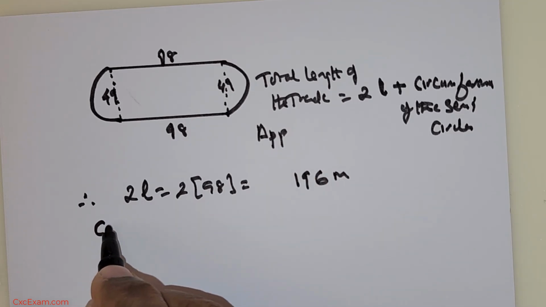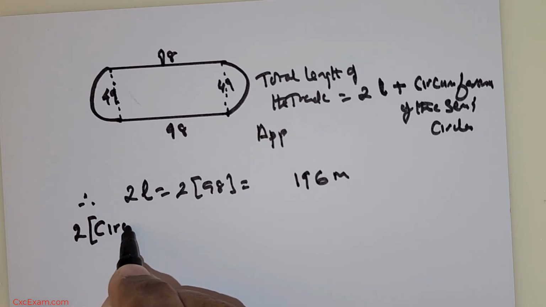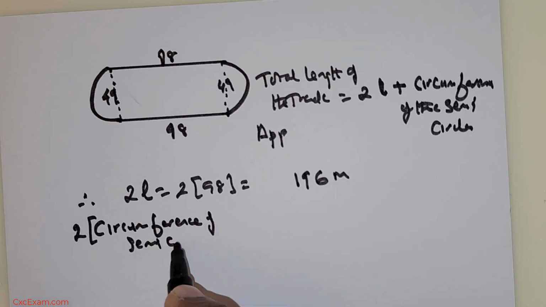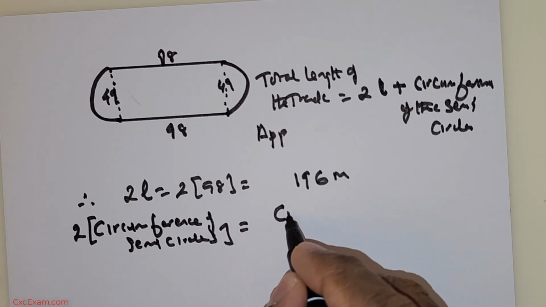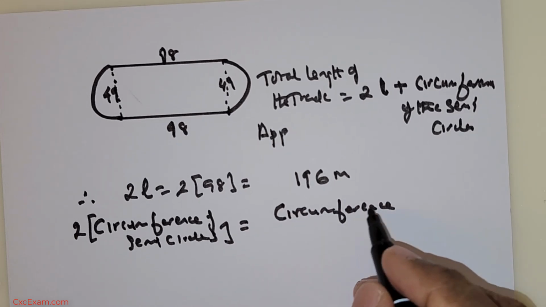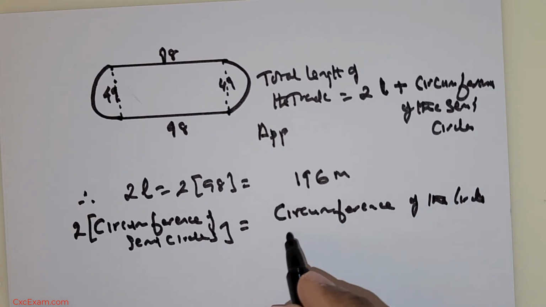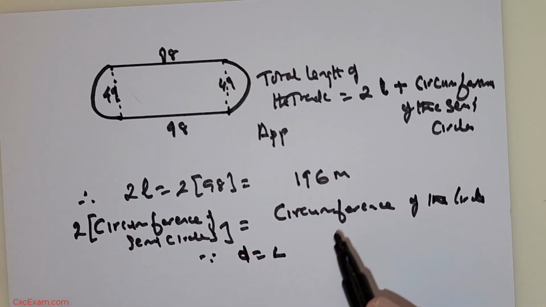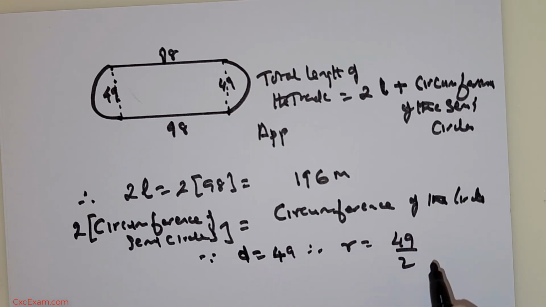Now the circumference of the semicircles: 2 times the circumference of a semicircle will be equal to the circumference of the circle, right? The diameter is given as 49, therefore the radius is going to be 49 divided by 2.